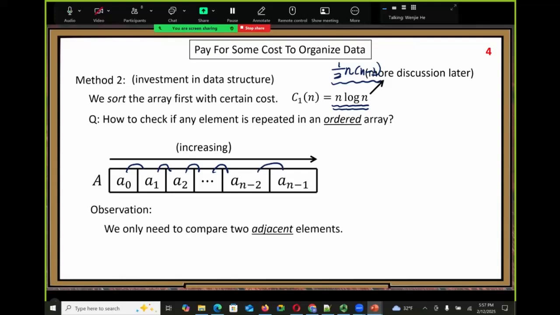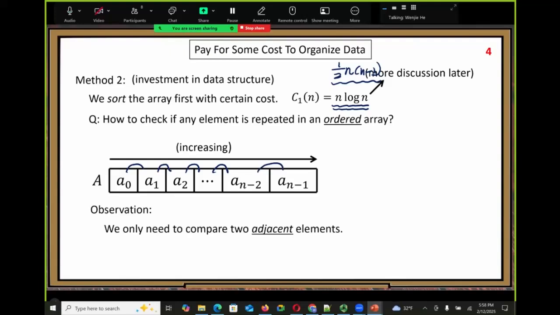So you can find two adjacent elements with the same value. All the elements with the same value are located back to back in a cluster of this array.